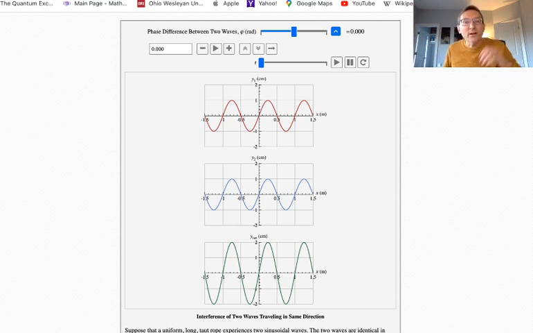Now I want you to look at the bottom graph on the animation, because that's a plot of y net in centimeters versus x in meters. Happens to be at time 0. And look at the amplitude first of y1 and y2. They're both 1 centimeter. And now look at the amplitude of y net. It's 2 times y max, the original y max. That was 1 centimeter. 2 times 1 is 2, 2 centimeters.